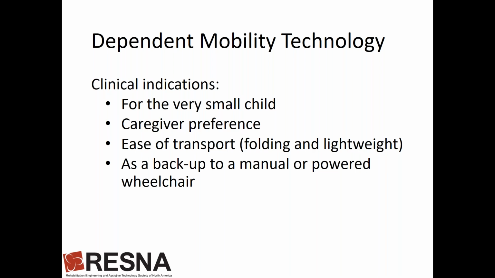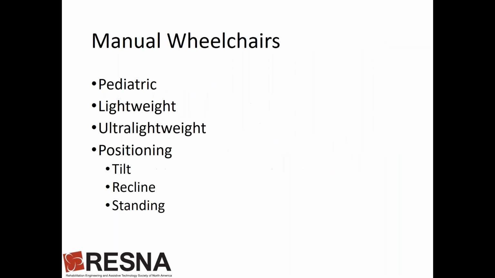They explained to me that she has a lot of endurance issues. If she's having a bad day or needs not to be in her chair, they find that the backup tilt and space manual chair is what's worked best for them as a family. So you're always learning new things out there, but sometimes dependent technology is for those specific situations.